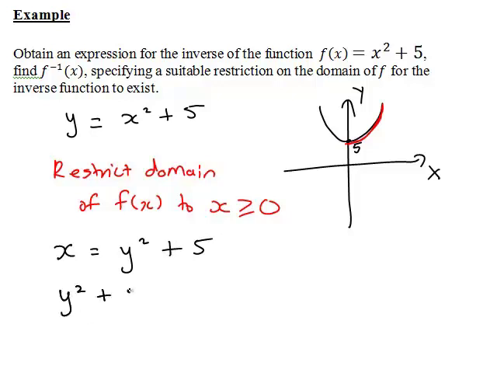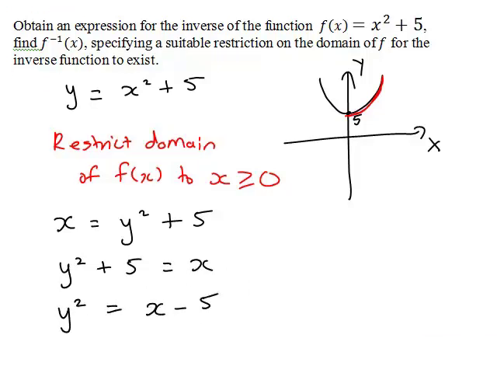So just swapping the sides of that equation for convenience, y squared plus 5 equals x. So y squared equals x minus 5. And that means making y the subject, just algebraically before we think about the function, y comes out to be plus or minus the square root of x minus 5.